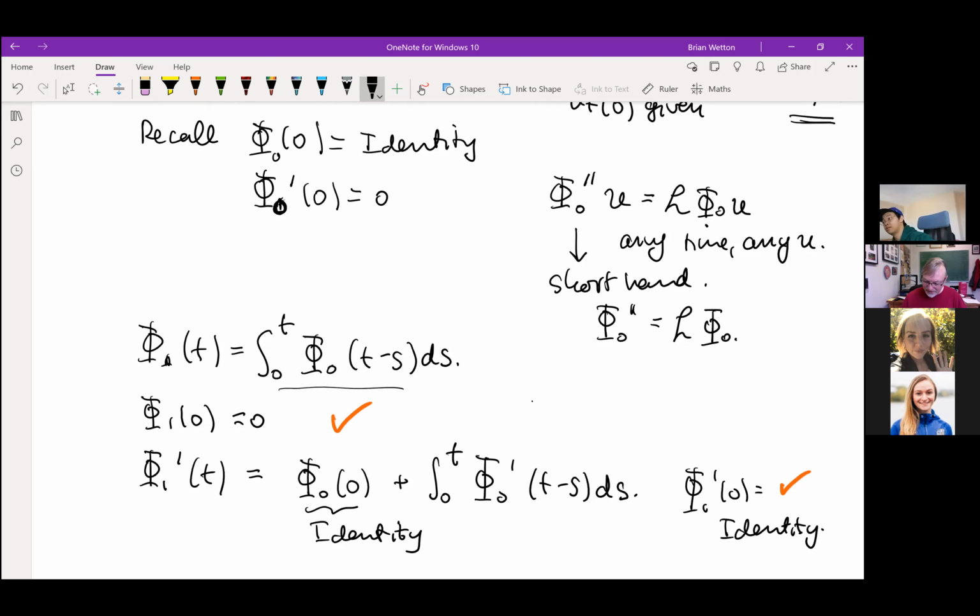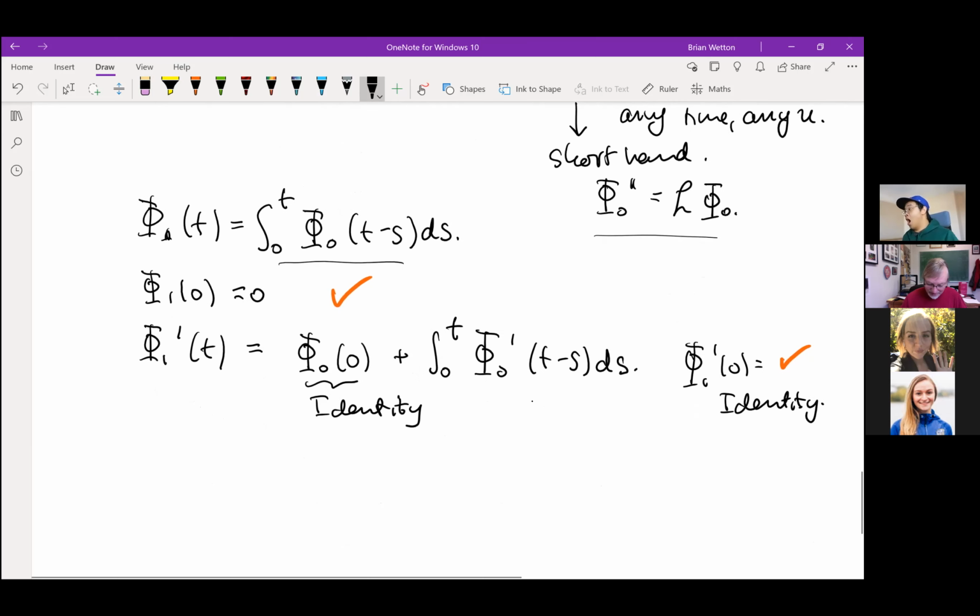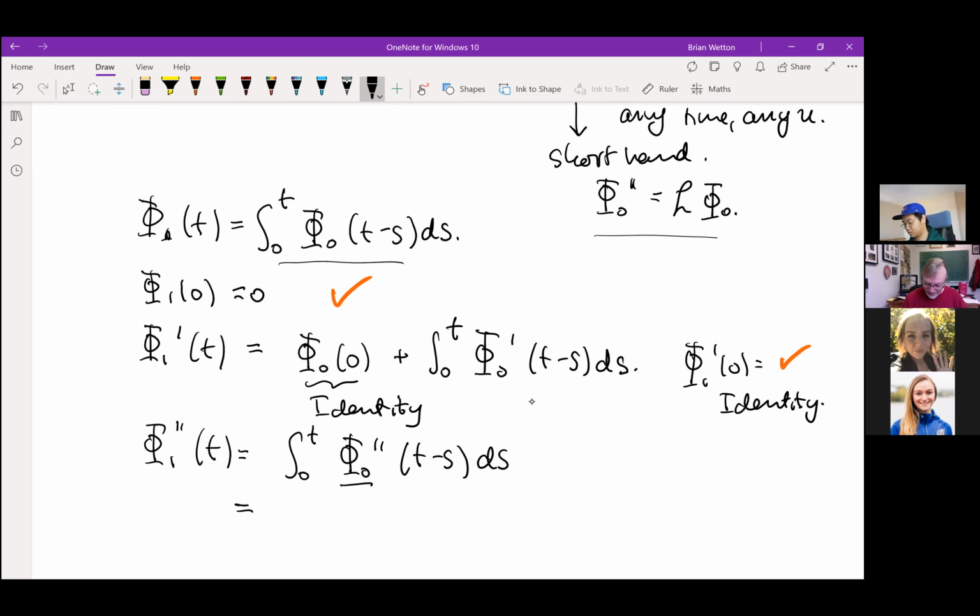And now we want phi1 double prime to be L times phi1. Okay, so now I'm going to have phi1 double prime. That's going to be equal to phi0 double prime. But phi0 double prime is just L times phi0.